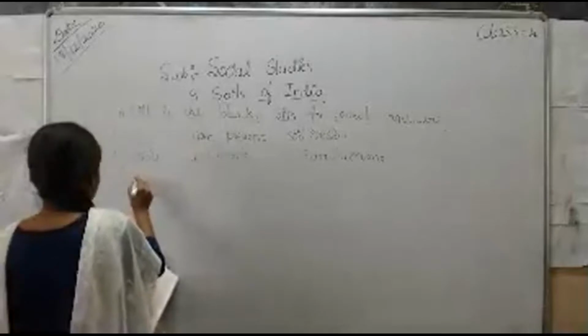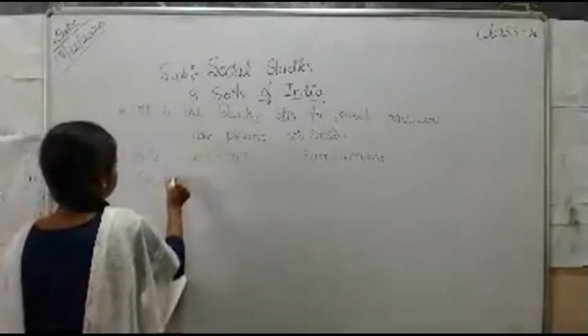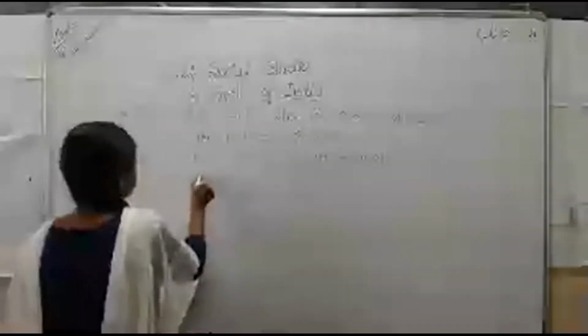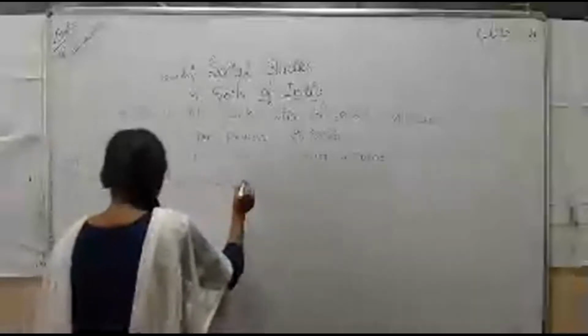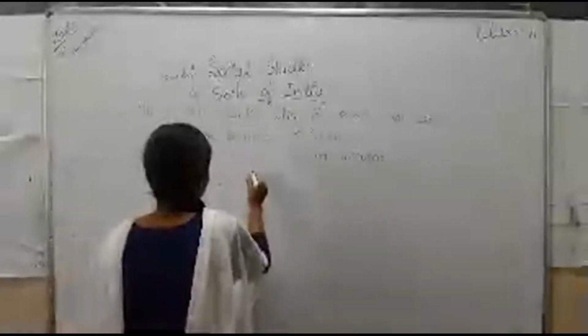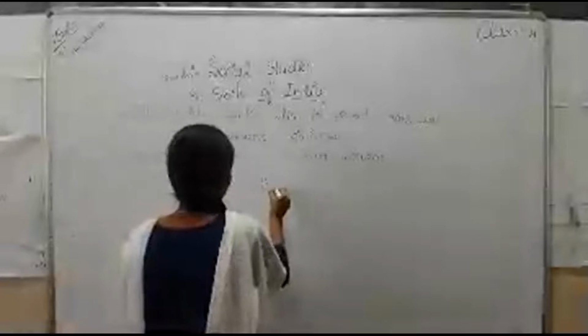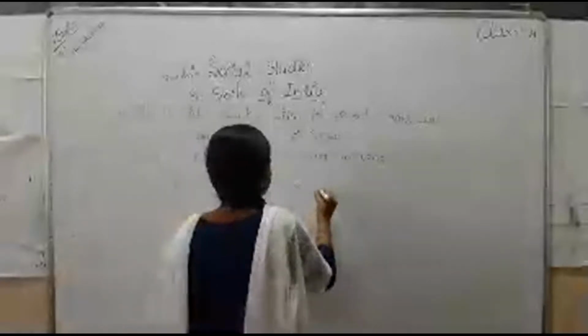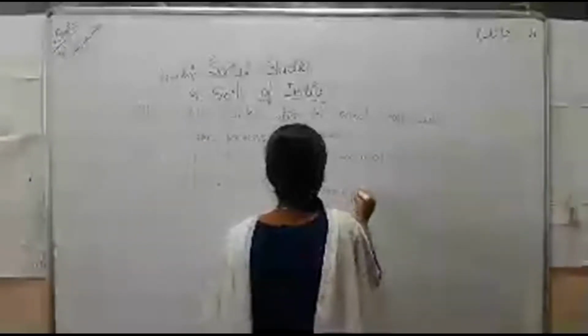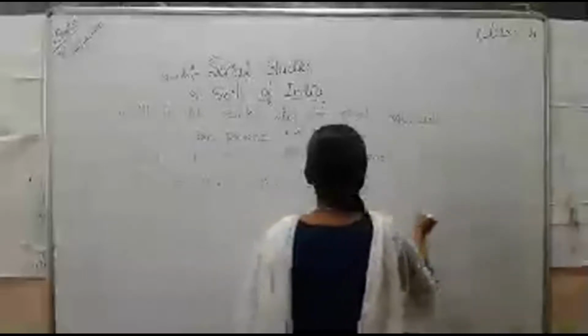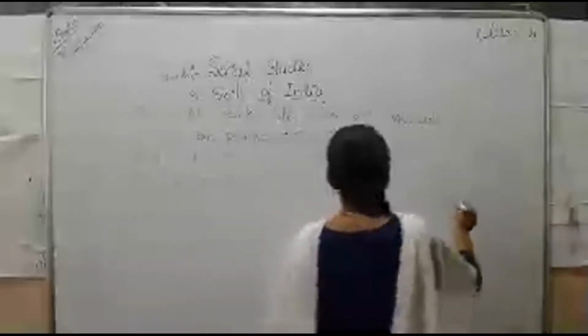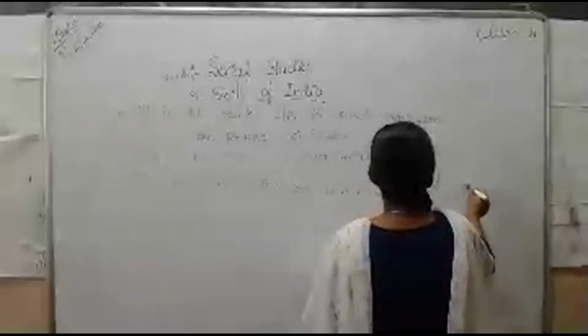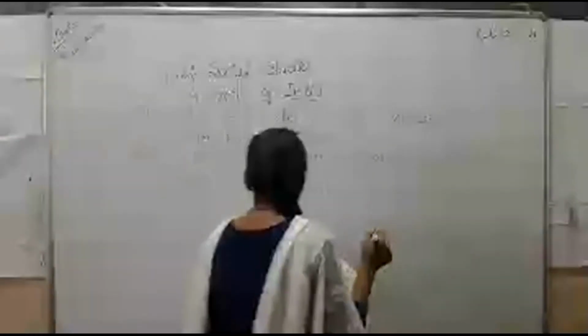Then the second one: the northern plains are rich in dash soil. So northern plains are rich in which kind of soil? They are asking.